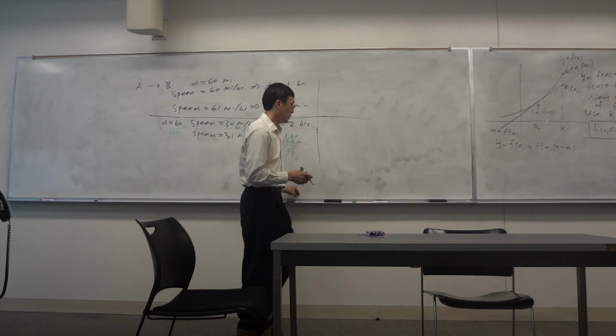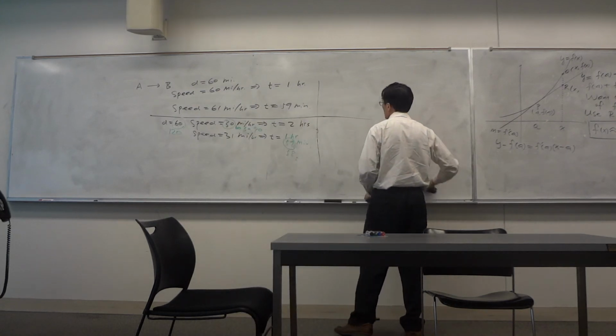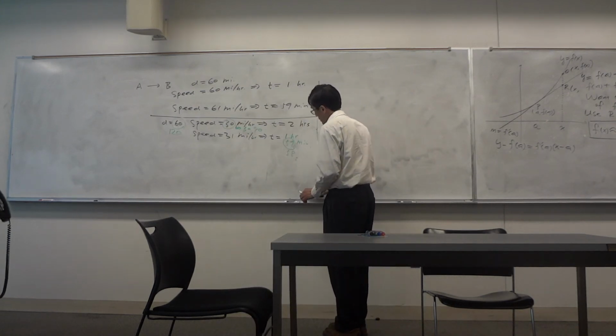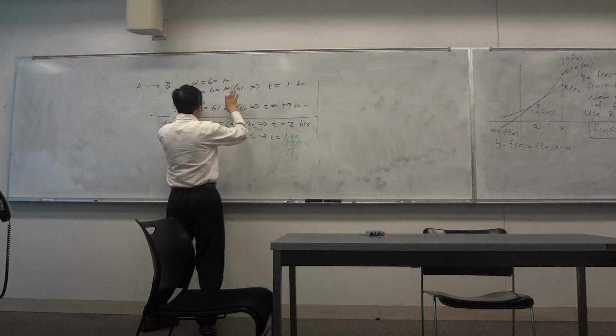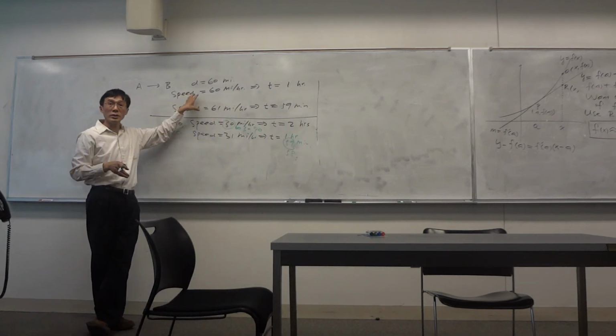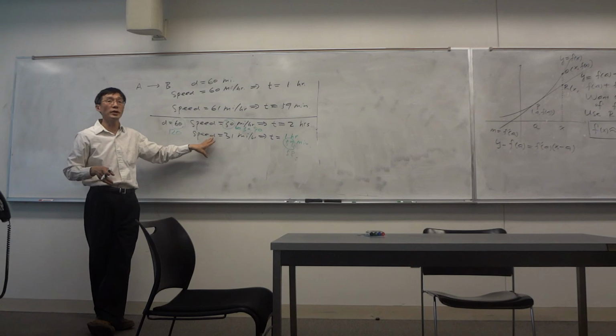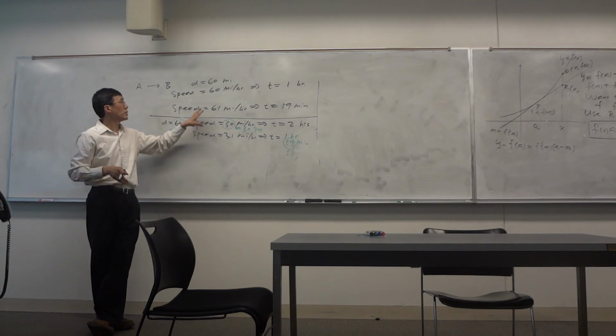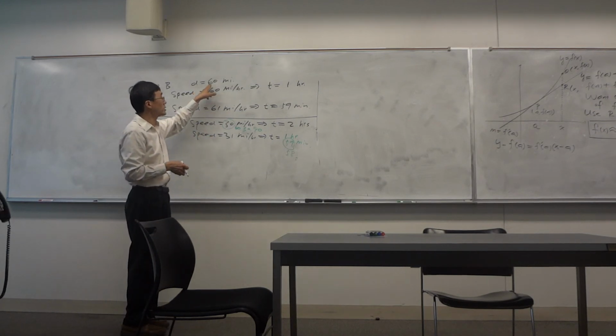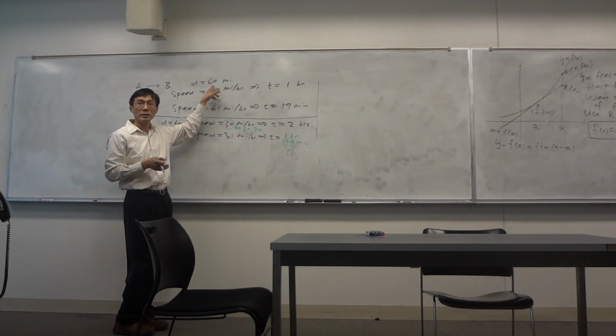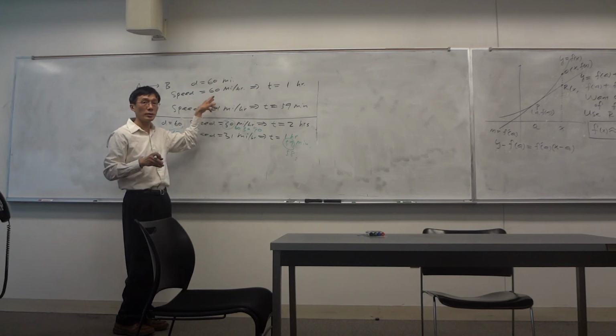All right, let's work this out. So how do we do this? Let's focus on the original problem and forget about those variations for now. What's going on here is that the distance remains the same, so d is 60 miles. Let's fix that, and we're changing the speed.